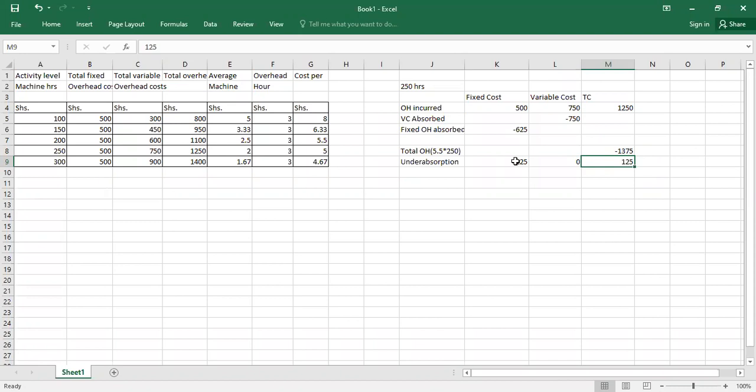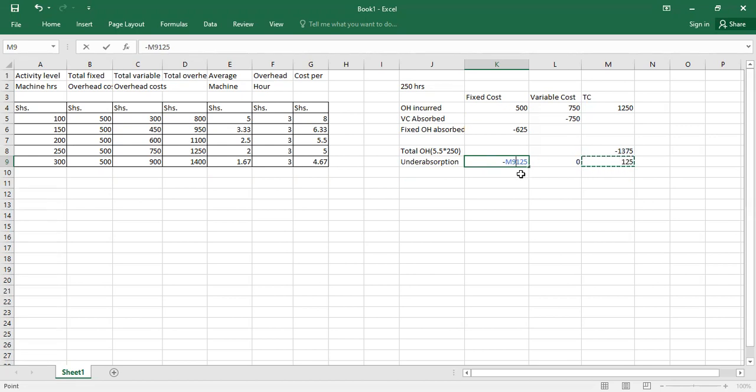Yeah, I'm getting a negative. So my answer is negative, negative 125.